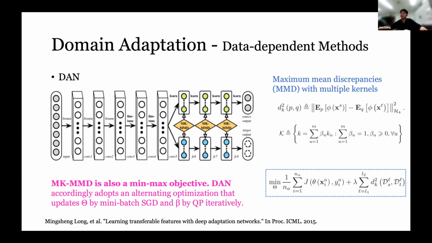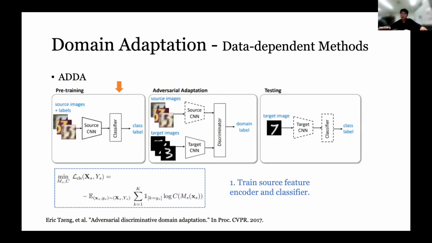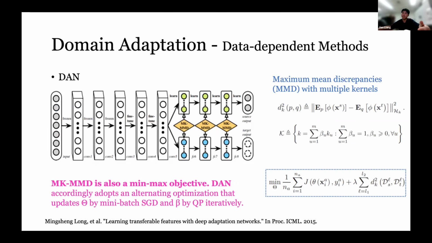You can see in the equations there are some parameters like the coefficient beta, which are parameters within the multi-kernel distribution difference metric. Okay, so just stop here. Sorry.